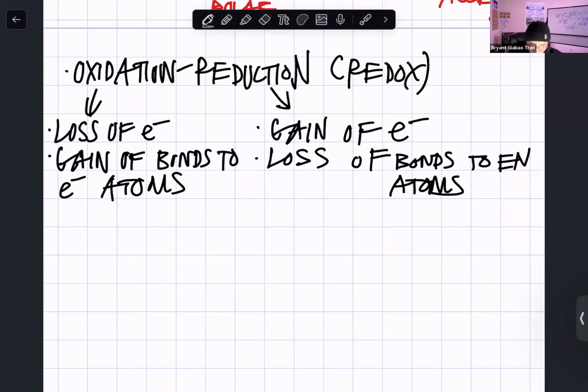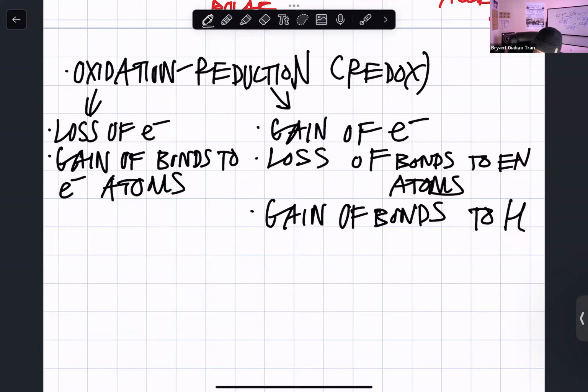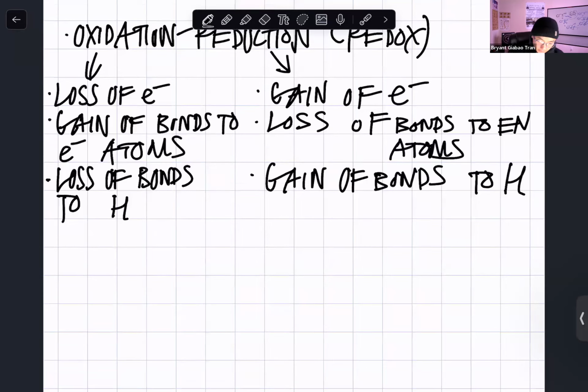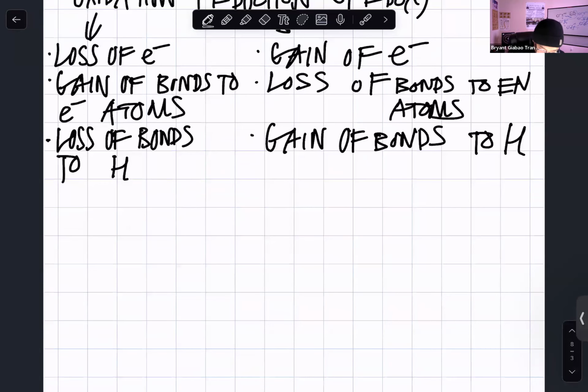Okay. Another way you could think about this is that reduction is going to be the gain of bonds to hydrogen, whereas oxidation is going to be the loss of bonds to hydrogen, right? So there's two different ways to remember this.